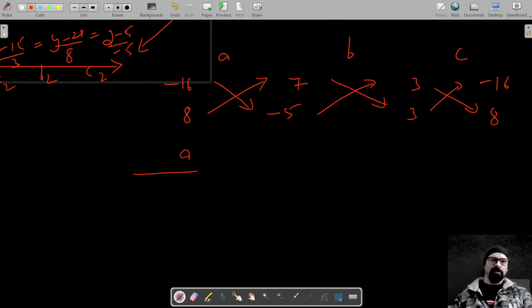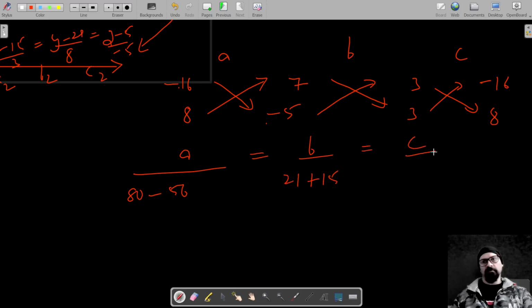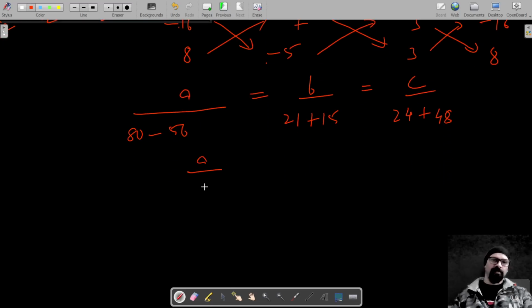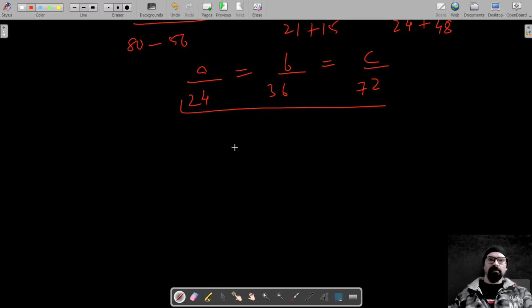So we get a: (-16)(-5) is 80, minus 8 into 7 is 56, that is 24. For b: 7 times 3 is 21, plus 15, which is 36. For c: 8 times 3 is 24, plus 16 times 3 is 48, which is 72. So this gives me a/24 = b/36 = c/72.